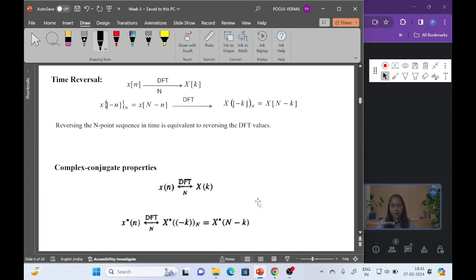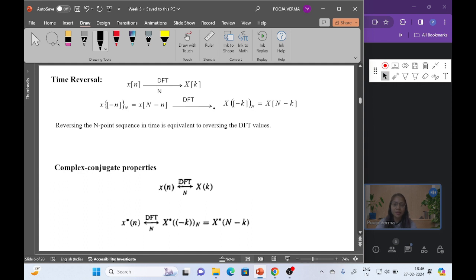Another property is time reversal. As all of you already know, X of k is the N-point DFT of x of n. Then what will be the time reversal of this? If we take x of minus n circularly, that will be x of N minus n.